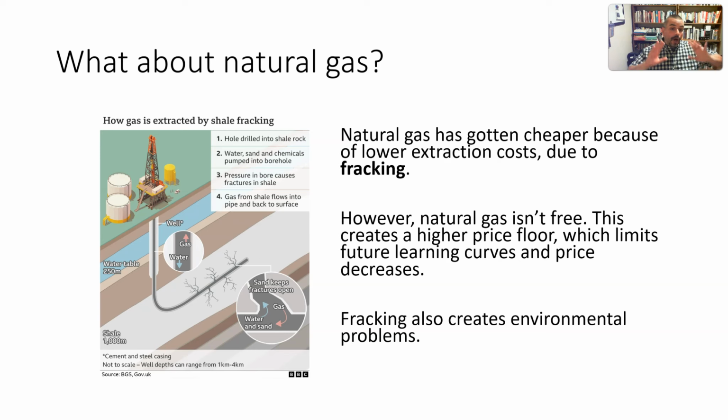And of course, we also want to bring up the fact that natural gas is still creating a lot of greenhouse gas emissions. So even if we could make natural gas more cheaply, it's still producing too many emissions and we're going to have to phase it out. So for all of these reasons, while it's getting cheaper, it's not necessarily the best option for us going forward.